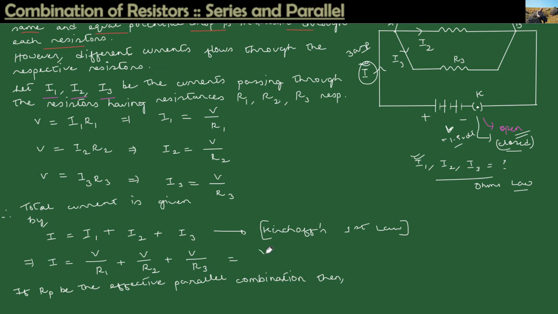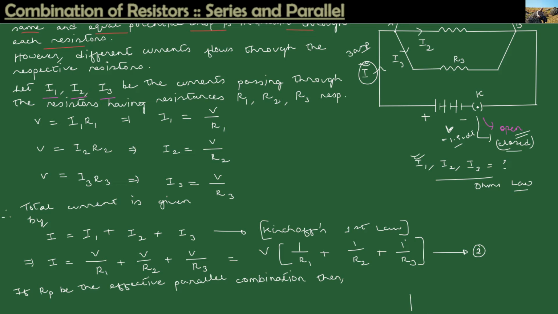So V is common, then we can take it outside. Then we are left with 1 divided by R1 plus 1 divided by R2 plus 1 divided by R3. So from here, we can mark this as our second relation, equation number 2.